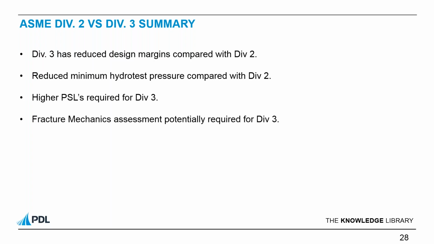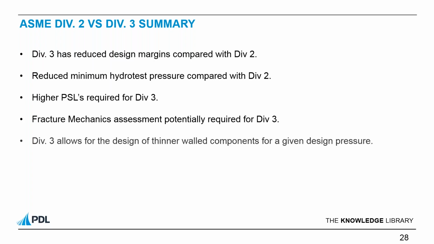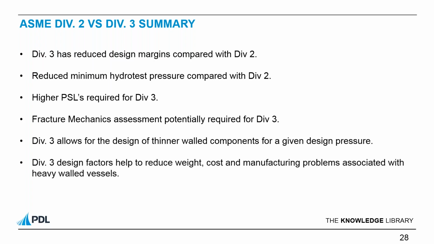A fracture mechanics assessment is potentially required if following the Division 3 route, which is based on the barrier philosophy, as just discussed. But fundamentally, Division 3 allows for the design of thinner walled components for a given design pressure. And the benefit of this is that we can help to reduce weight, cost, and manufacturing problems associated with heavy walled vessels.